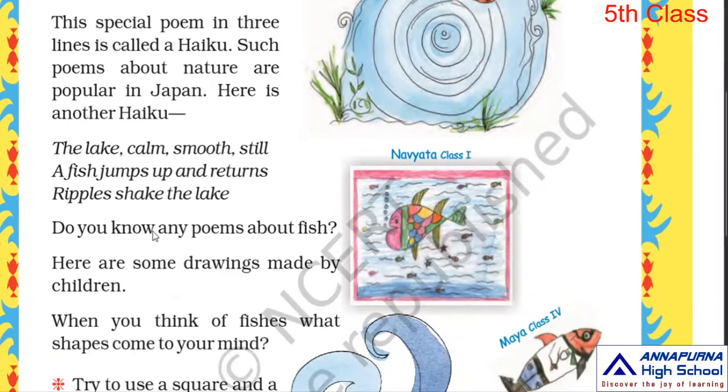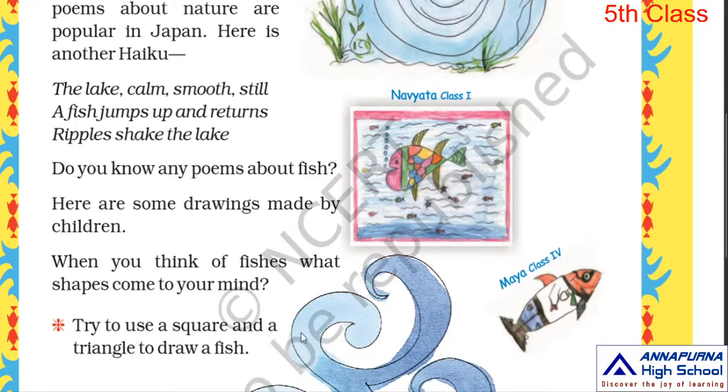Now, do you know any poems about the fish? Students, do you know any poems about the fish? Okay, here are some drawings made by children. So, what shapes come to your mind? When you think of fishes, what shapes come to your mind?